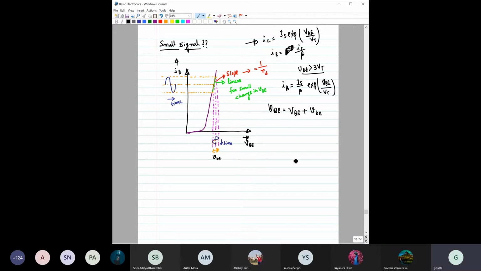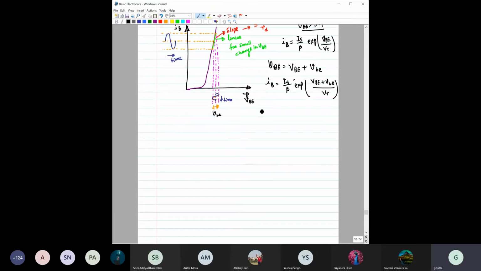So here just write this IB equal to, we are just going to substitute it, V of BE, small v, small b, small e by VT. Then we will write it like IB equals IS by beta exponential of V of BE by VT, into, we will separate out these two, VT.